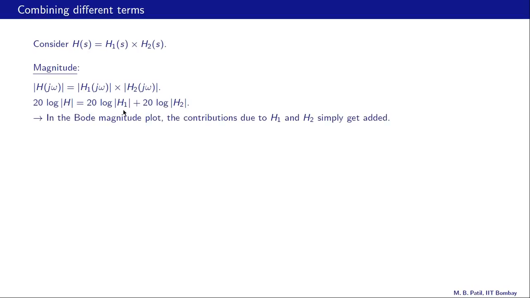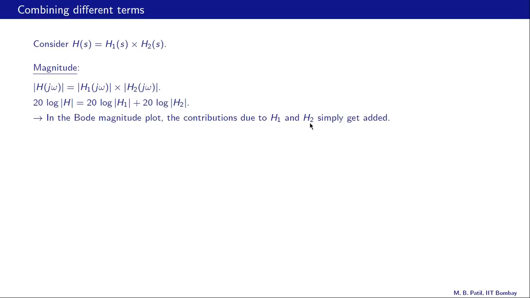What is 20 log h1? It is nothing but h1 in dB. What is 20 log h2? It is nothing but h2 in dB. So at any frequency, to get the net h in dB, all we need to do is to add these individual contributions. So in the Bode magnitude plot for h, the contributions due to h1 and h2 simply get added.